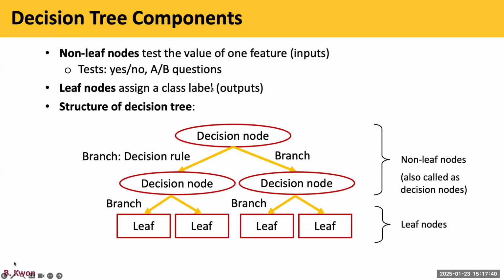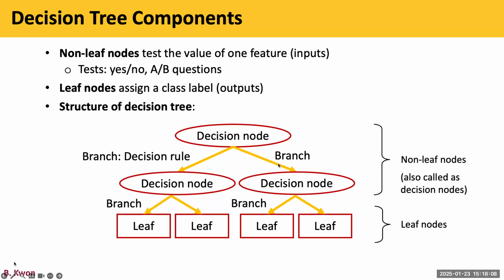So that's the basic idea of a decision tree. For programming, of course, you need to define the components of the decision tree. This is the structure of the tree. You will have multiple decision nodes, and each decision node directs your input to different branches.